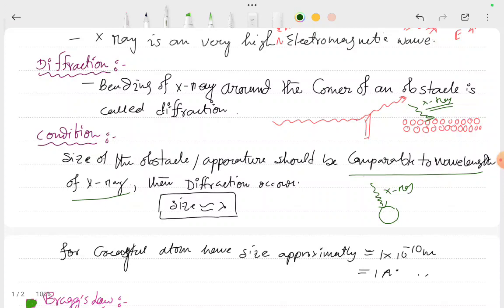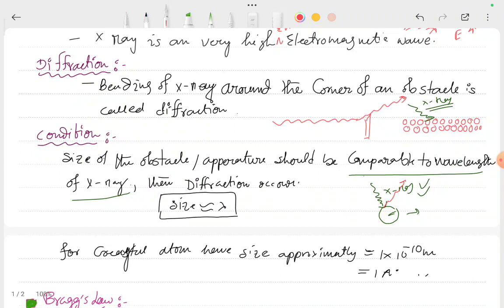If this atom size is comparable with the wavelength of X-ray, I mean equal or approximately equal to the wavelength of this wave, then this X-ray will diffract. Otherwise this X-ray will pass through this atom. So these are the conditions of diffraction.